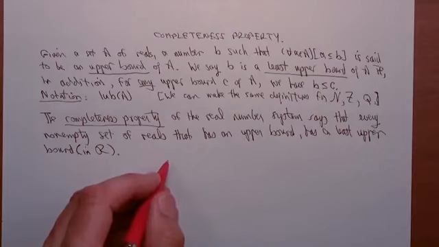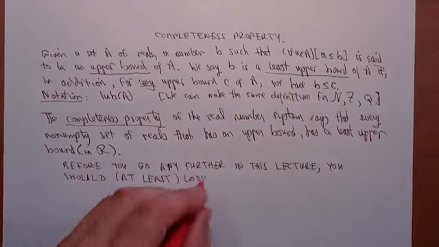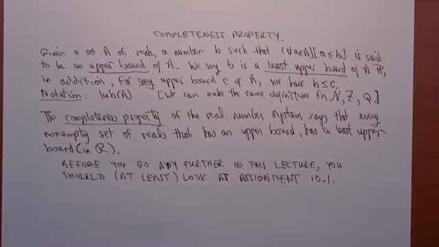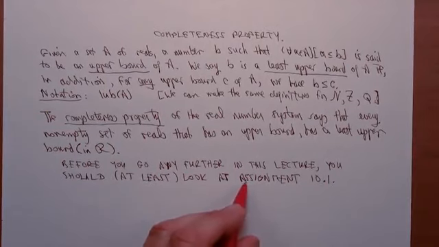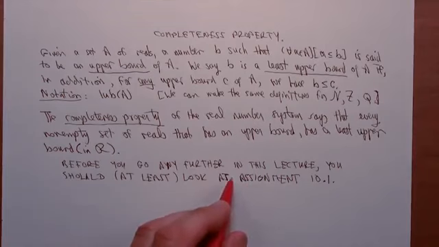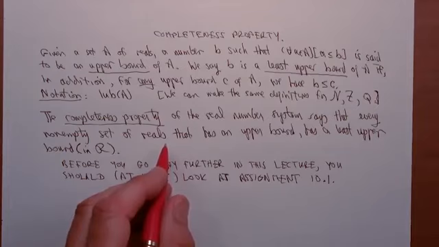Before I go any further, you really ought to take a look at assignment 10.1. I say you should at least look at it. Ideally, you should try to do it, or at least try to do as many of the exercises as you can. You need to be familiar with the background material about upper bounds and least upper bounds before we progress.